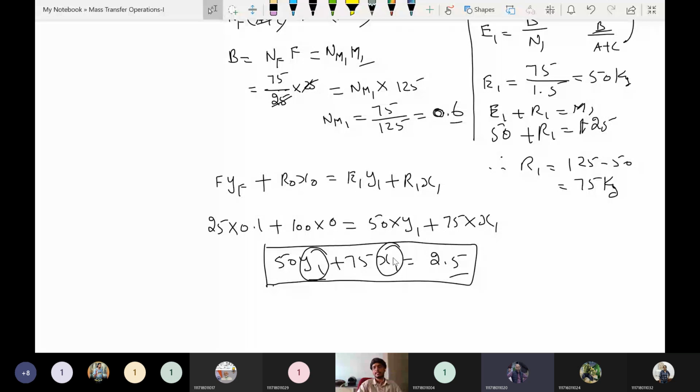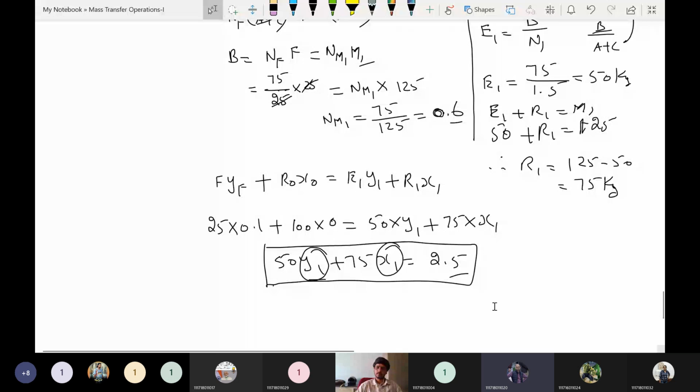So until now we can stop here. But in the problem, if you notice, they have asked us to calculate both amounts. How? Y1 is there, sir. Y1 is equal to C by A plus C. We know A plus C is equal to 50 kgs, sir.